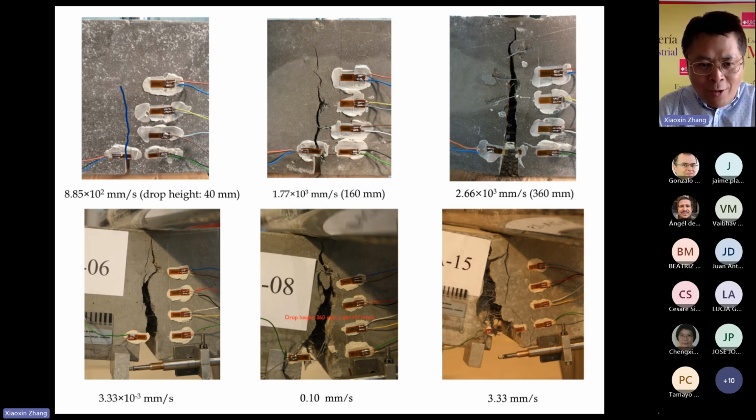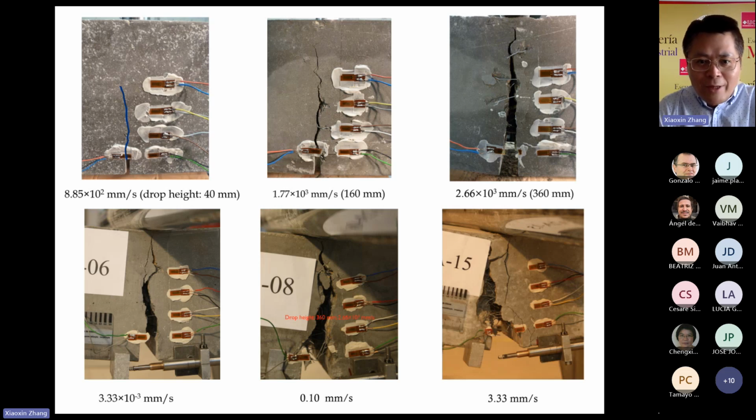Compared with the upper photos, corresponding to impact loading rates, from 8.85 times 10 to the 2 millimeter per second, with a drop height of 40 millimeter, then 1.77 meter per second, and the last one 2.66 meter per second, the crack path is quite straight.